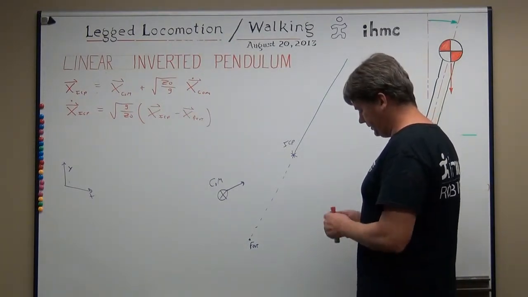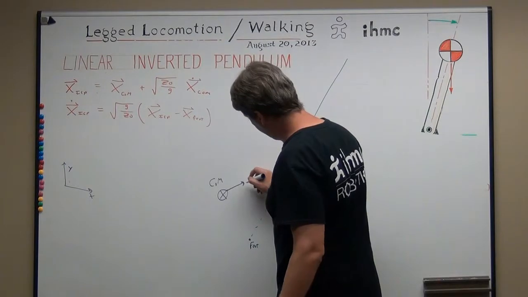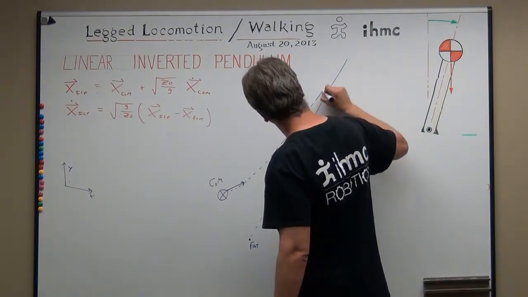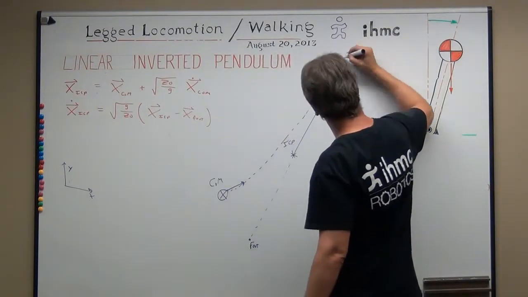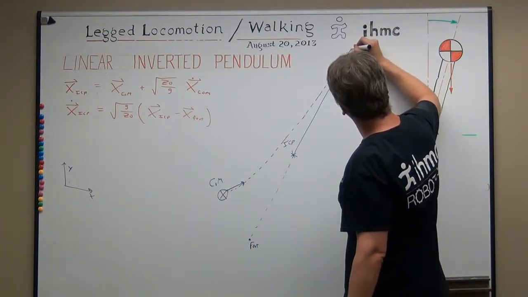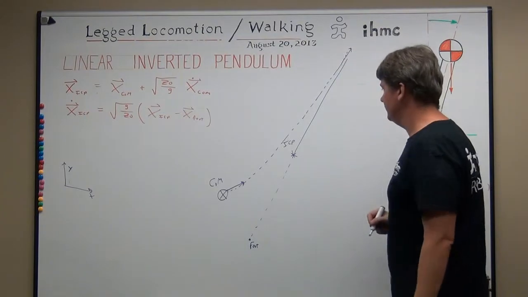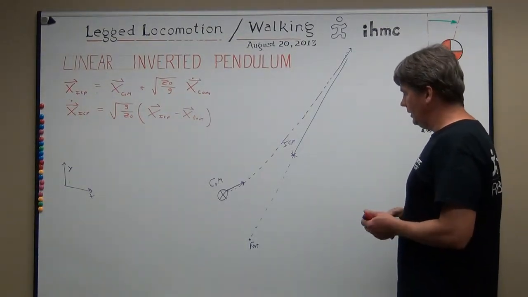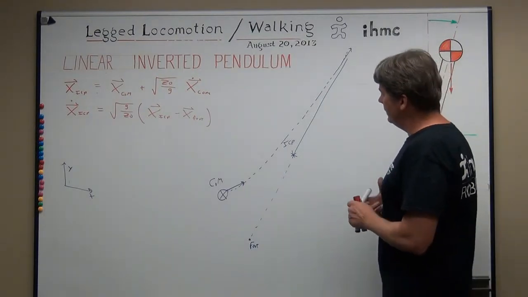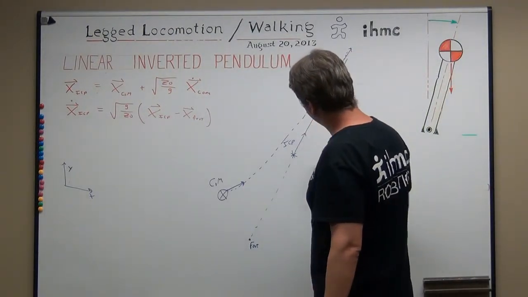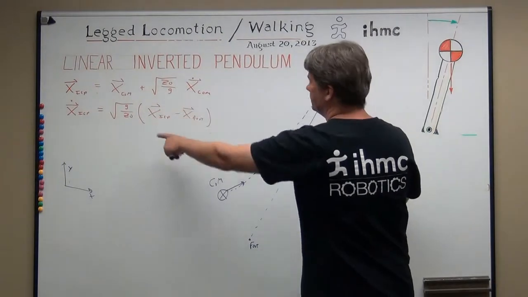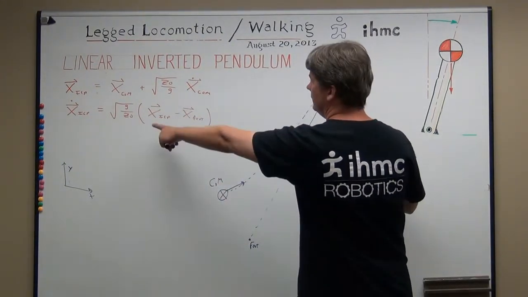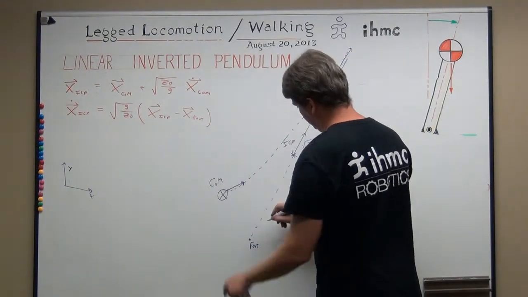The center of mass is going to follow this really complicated hyperbolic sine and cosine curve, and eventually asymptotically get to this line until it's collinear with the foot and ICP. And the velocity of the ICP at this point is going to just be this: square root of g over z naught times this distance.